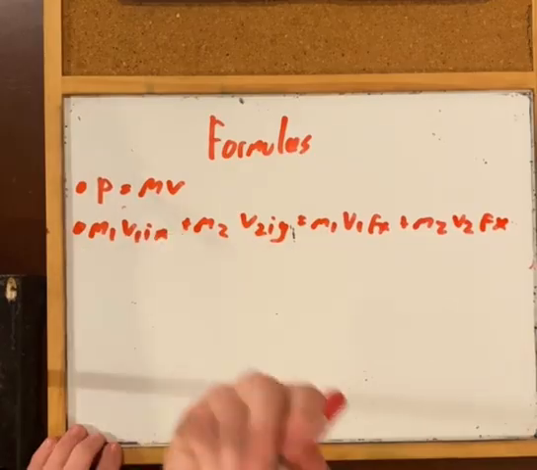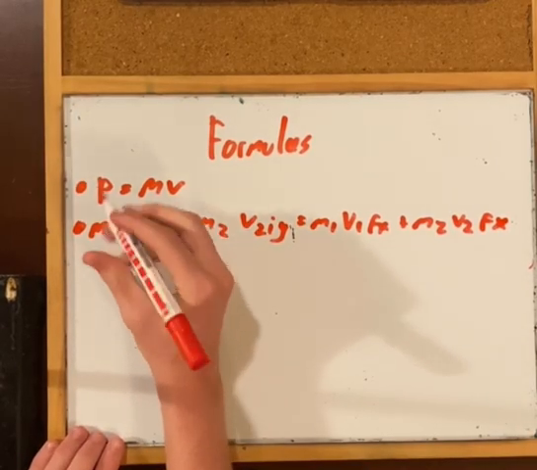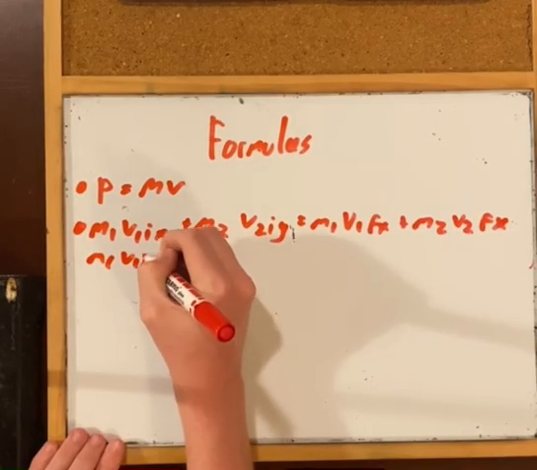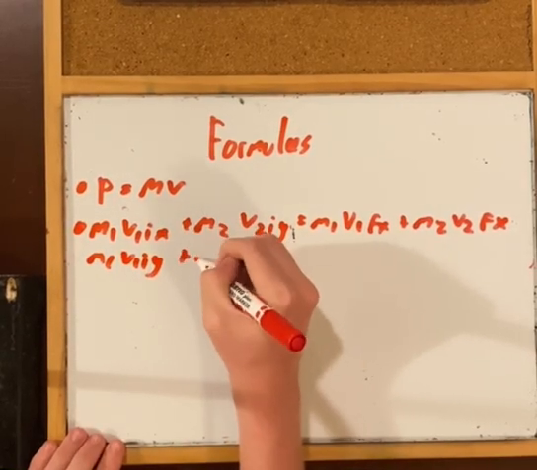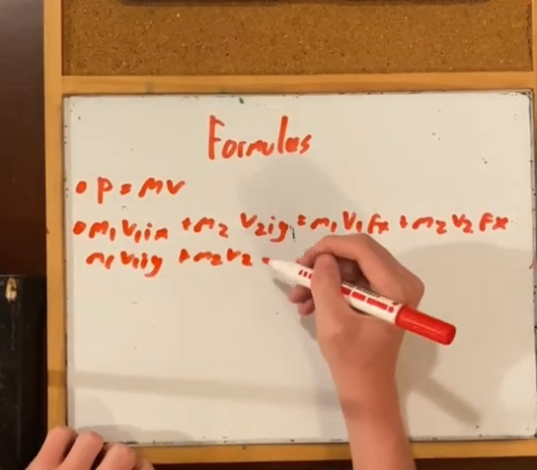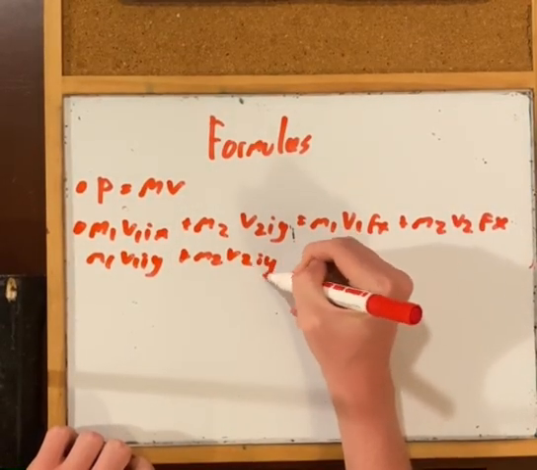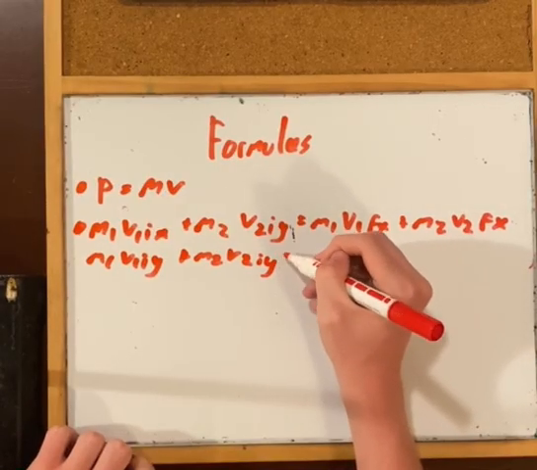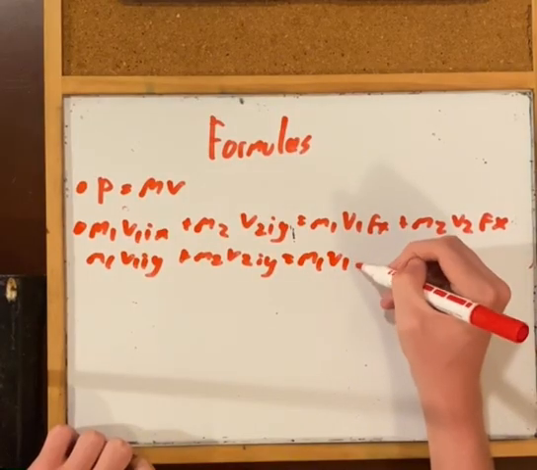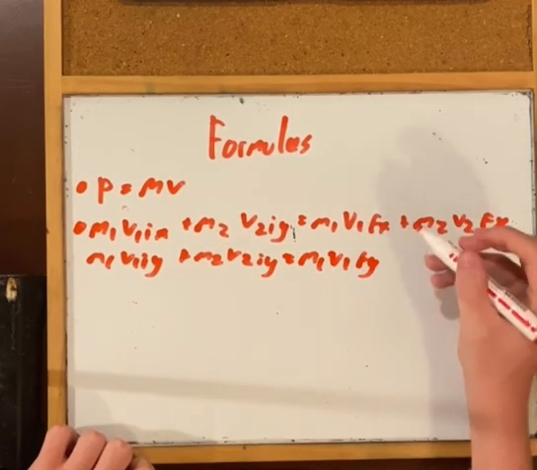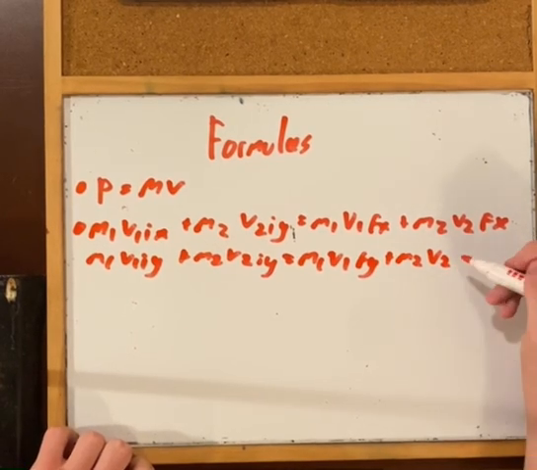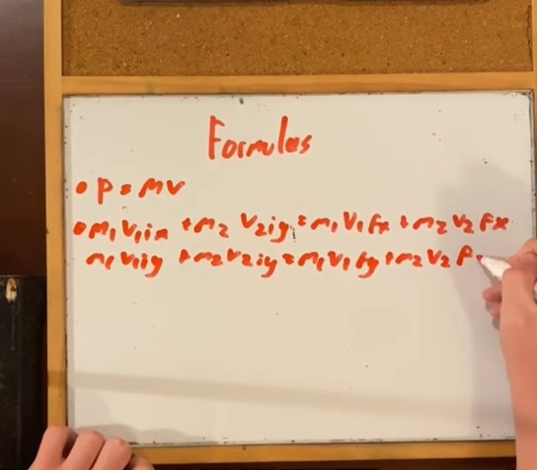And now we have the same formula, but for y: m1 times v1 initial y plus m2 v2 initial y equals mass 1 velocity 1 final y plus mass 2 times v2 final y.